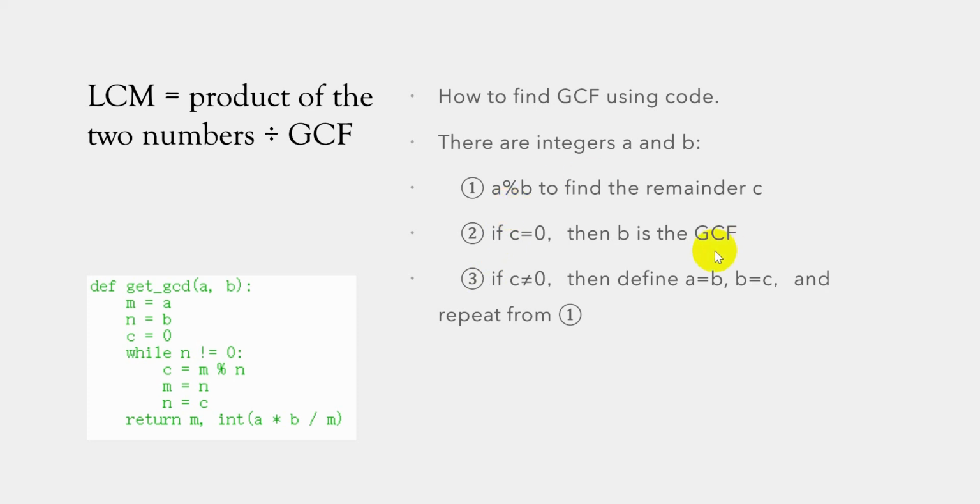So then we have found the greatest common factor. But in the third step, if c doesn't equal 0, then we give the value of b to a, give the value of c to b, and then repeat from step 1. And we do this until c equals 0. When c equals 0, the b is the greatest common factor. So that's how this part of the code worked.